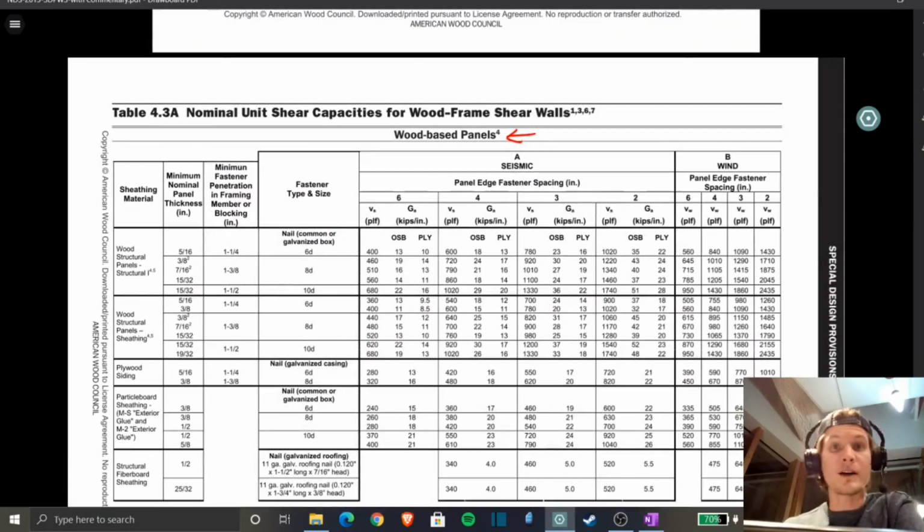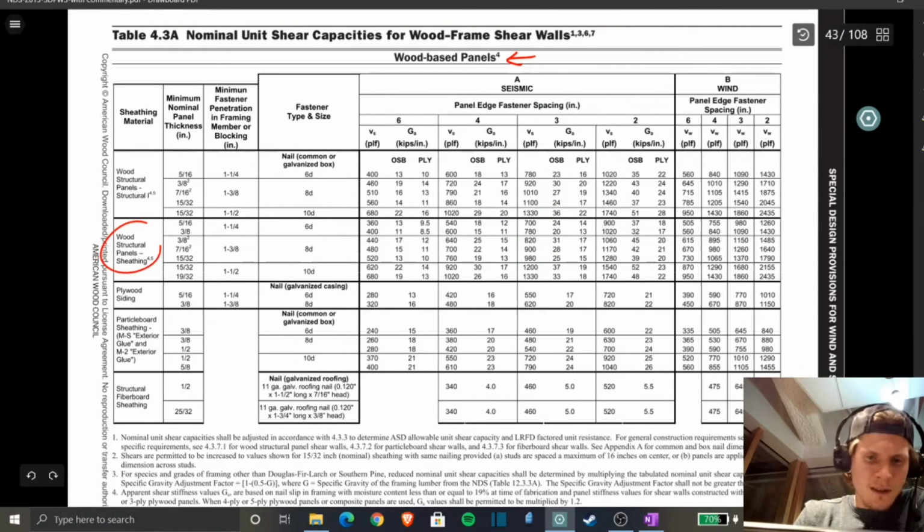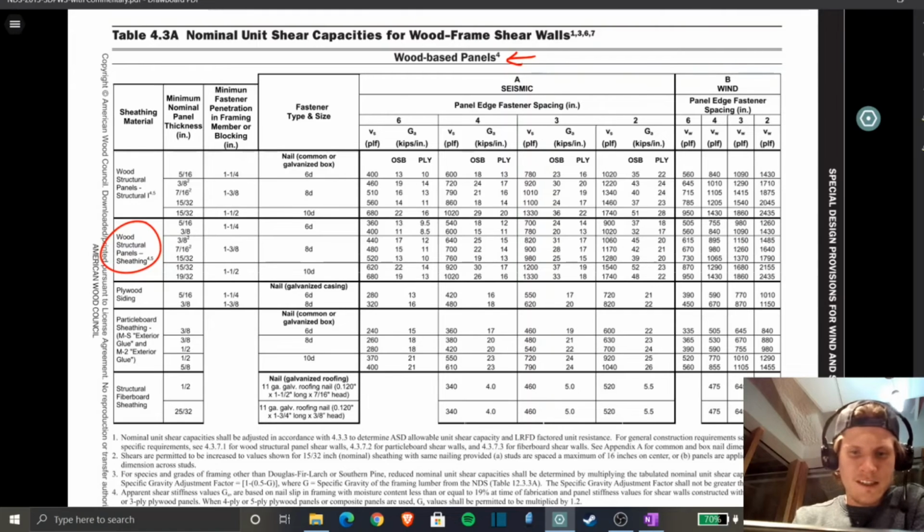All right, so here we are. And if we look here, we are going to look through and we're going to say, well, we want wood structural panel sheathing. It's going to be this guy here. That's pretty typical. And then I'm down with going with a 5/16. We'll bump it up a little bit. We'll do a 7/16, which means that here's minimum fastener penetration in framing members or blocking.